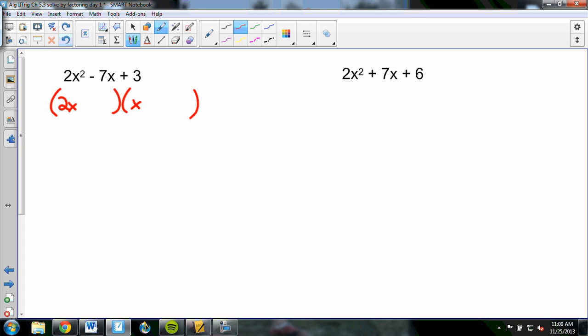So the only factors of 3 are 3 and 1. So I'm going to put a 3 here and a 1 here, and they're both going to be negative. Negative 1 times negative 3 is still positive 3. But this term gets doubled, so I have negative 6x minus 1x to get the negative 7x that I needed up here.